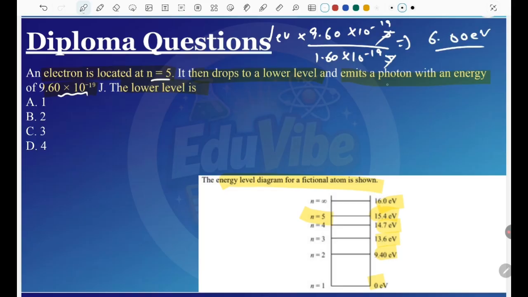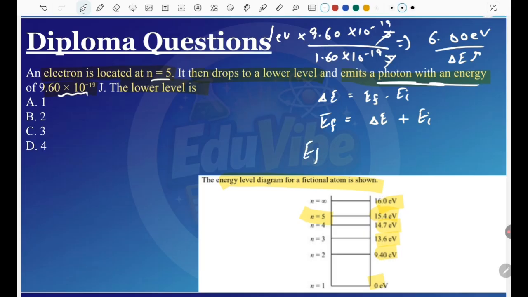This is a photon with an energy, so this is your delta E. Delta E is equal to the final minus the initial, in absolute value. But we have to find the final, so the final is equal to delta E plus the initial energy.